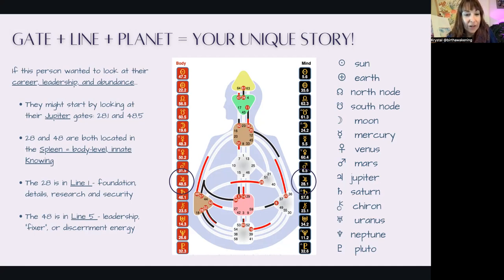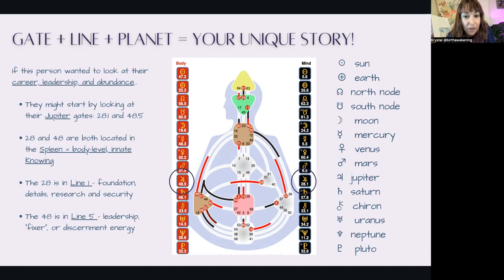So let's start with Jupiter. We see that they have on the conscious side, gate 28, line 1, and then unconscious, their Jupiter is gate 48, line 5. So line 1 is about foundation, research, detail, security. And then that line 5 is leadership, fixer or savior energy, discernment.